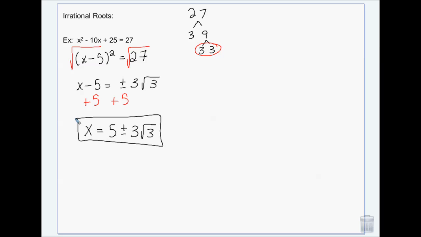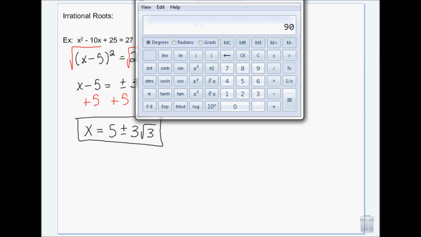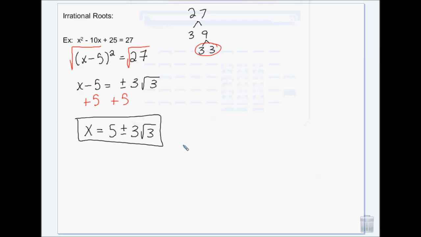Or, if you want, you can take the calculator out. You can take the square root of 27, which is 5.1961524, whatever. So I'm just going to say 5.2, roughly. So I'm going to have x minus 5 is equal to plus or minus 5.2.